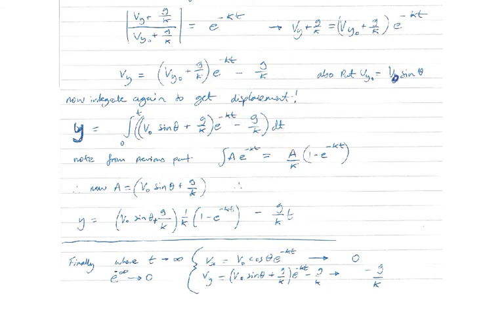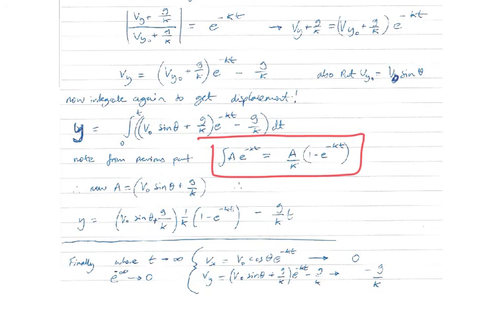Now this is where the note we made earlier in this question comes back to help us. So we said that the integral of this expression a, times e to the minus kt, the result is a over k times brackets 1 minus e to the power minus kt. Now we can use that exact same form here.